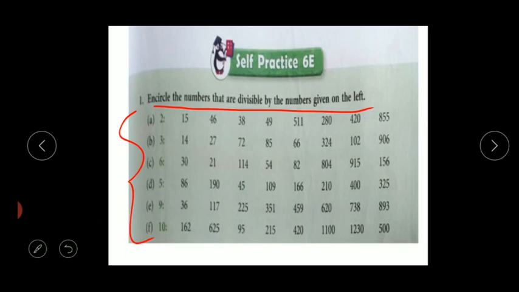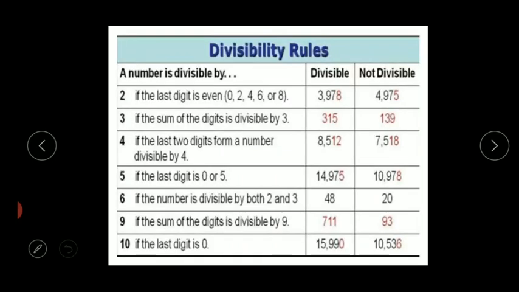You have to check whether each number is divisible by this 2 or not. Okay, so let's check it out. In order to be divisible by 2, what should you remember? Let me go back to the previous page.